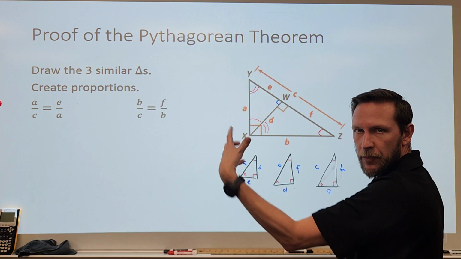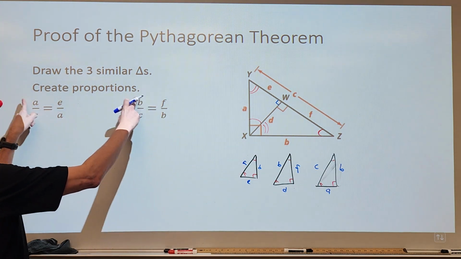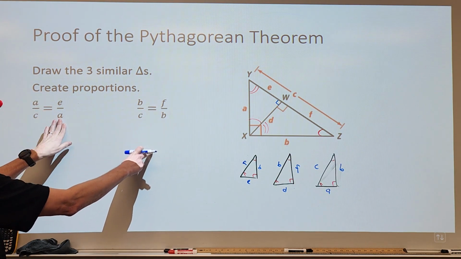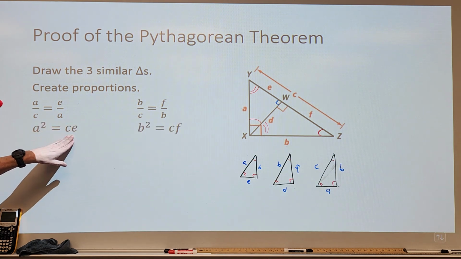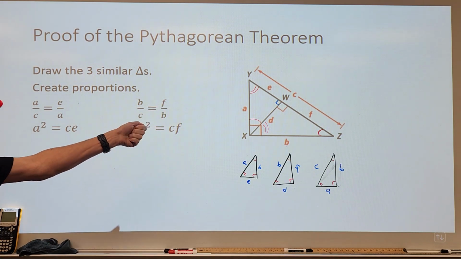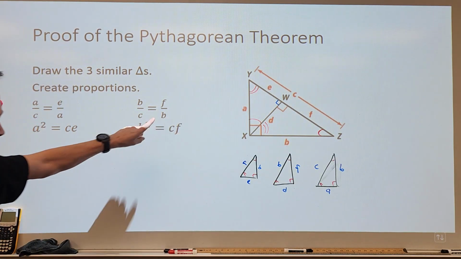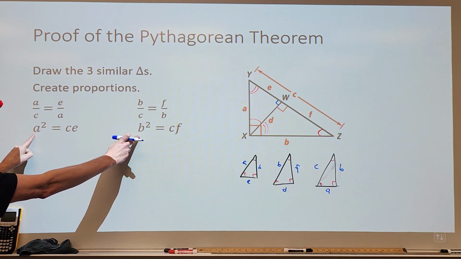And so we have these two separate proportions, using double A's and double B's, because what I want to show is when I cross multiply, I get A squared equals E times C. And when I get B squared, I get F times C, that product of those side lengths. So this really isn't the issue here, but what I want to make sure we have is A squared and B squared.